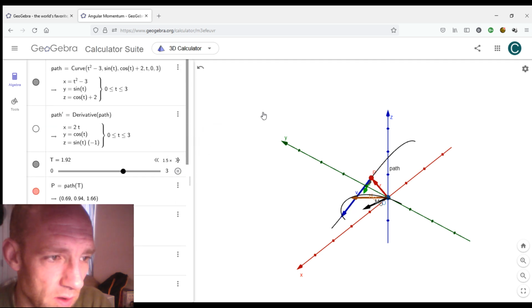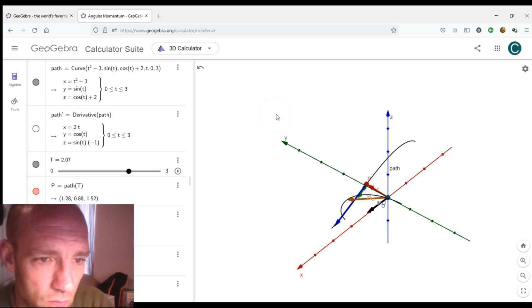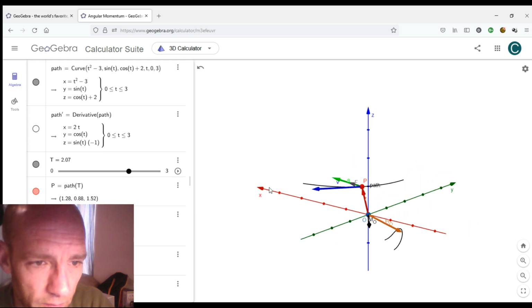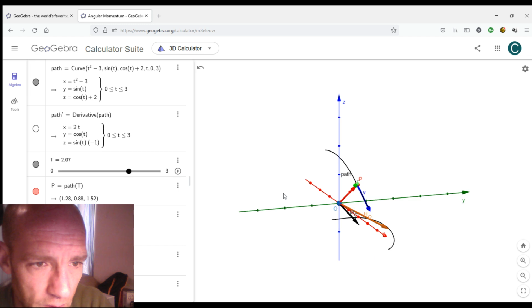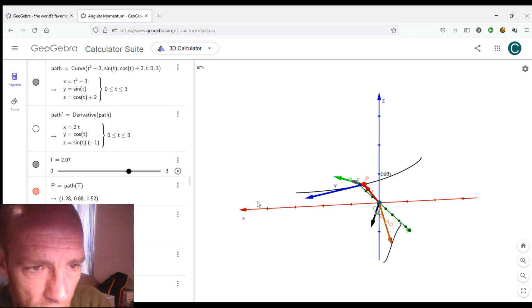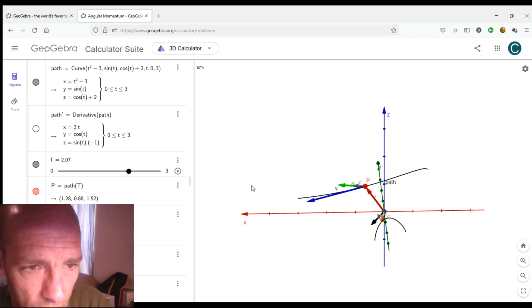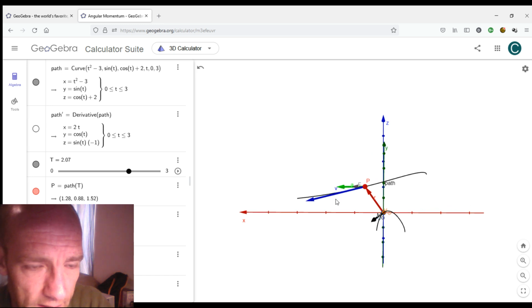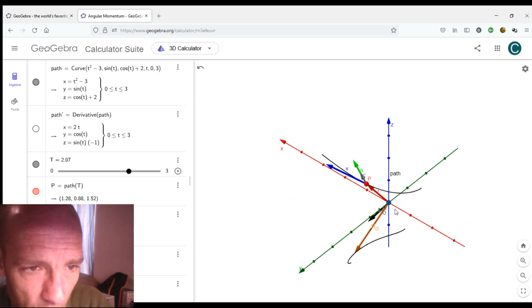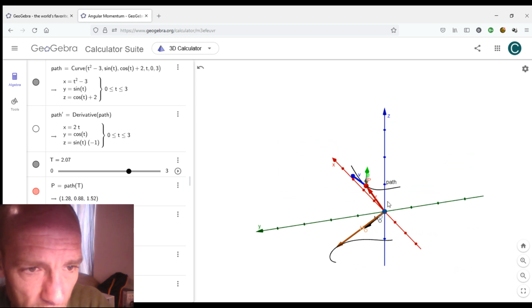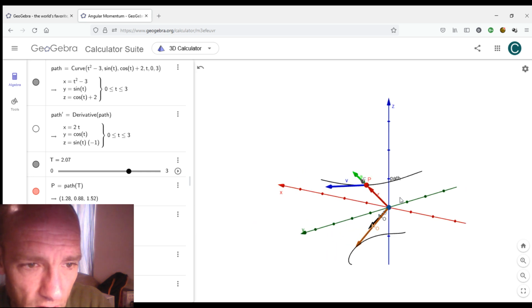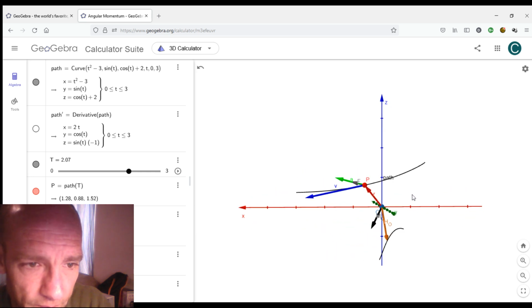It's giving me issues. All right, here we go. So yeah, so here, if I line these up, you'll see that here's R and V, and I'm looking straight down the angular momentum. So the angular momentum is perpendicular to both R and V, just as the cross product should be.